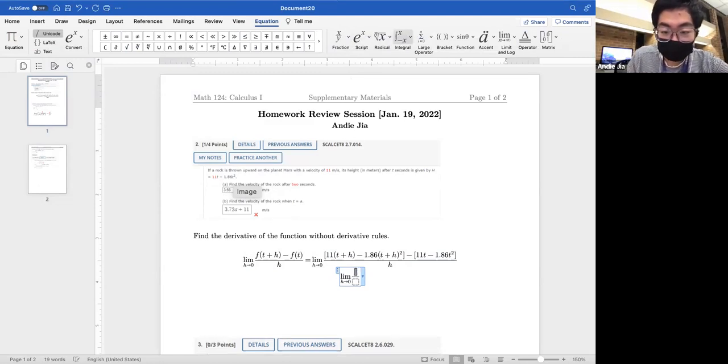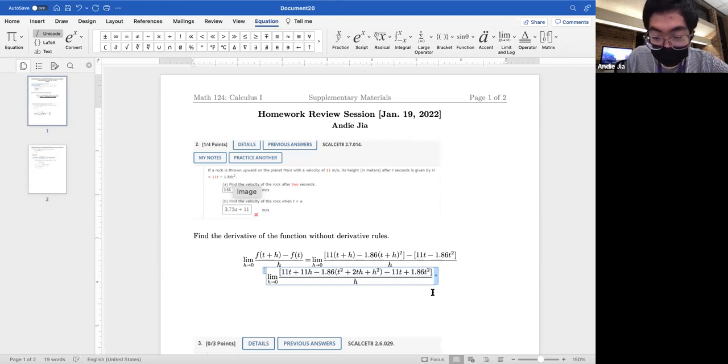This is the only way you can solve this limit. 11t plus 11h minus 1.86 times expand t squared plus 2th plus h squared, minus 11t plus 1.86 t squared. You don't need to conjugate, just do lots of algebra.